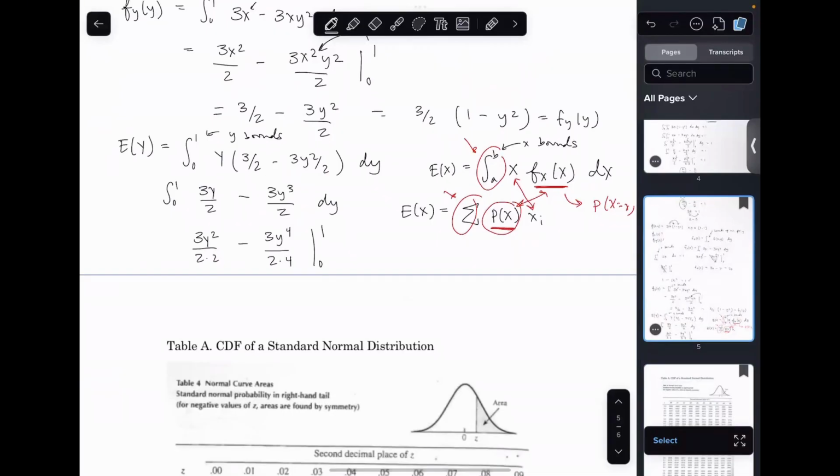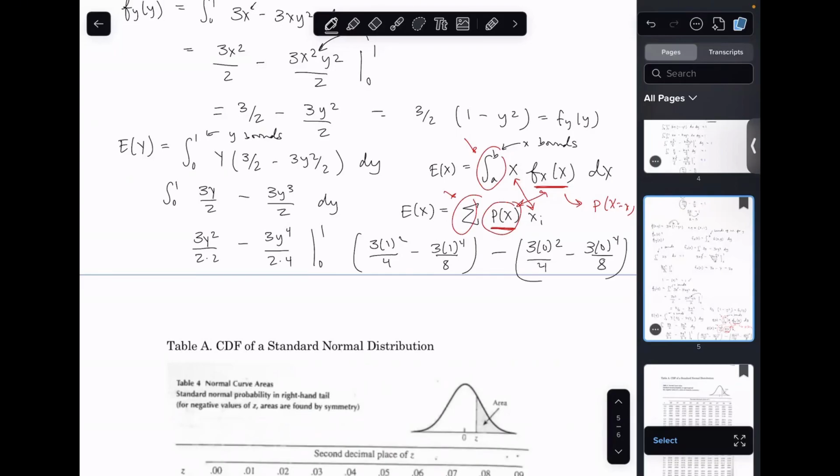So just remember that if this was not 0, I have been dropping it off, because if you plug in 0, it's always going to equal 0. But if this is not 0, just make sure you're still subtracting whenever you plug in this value into whatever you're evaluating. So here it would be 3 times 1 squared all over 4 minus 3 times 1 to the 4th all over 8 minus 3 times 0 squared all over 4 minus 3 times 0 to the 4th all over 8, right?